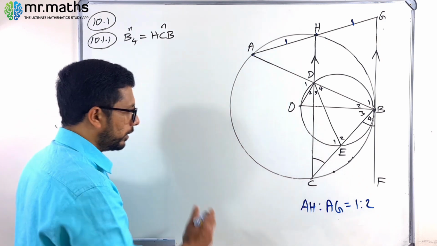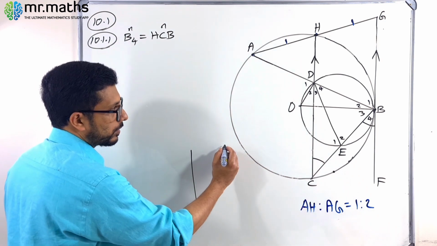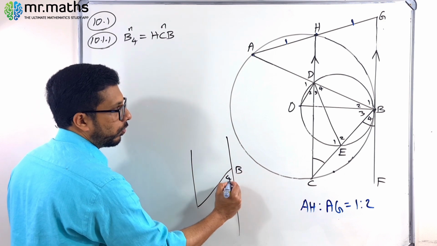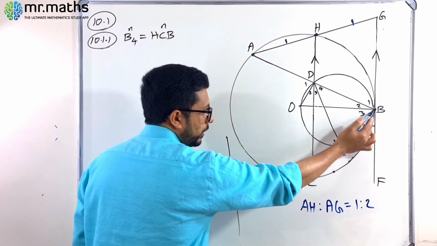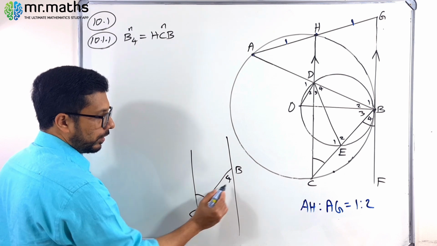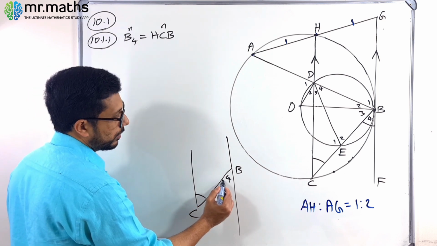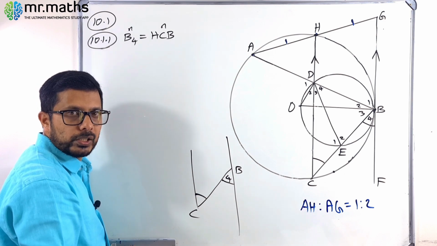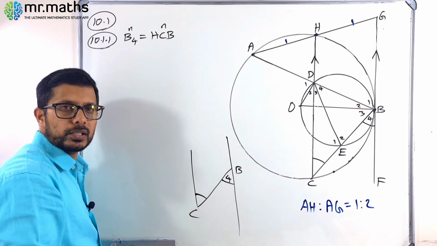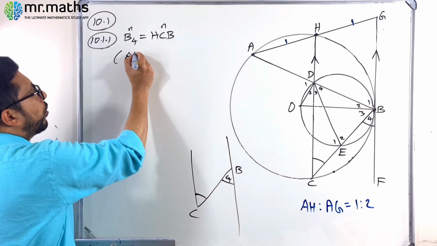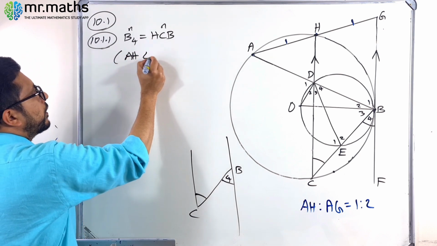There are two parallel lines like this, and this one is B4 and this is BC. So what is the relation between these two angles? Alternate angles, right? Alternate angles are equal. That is why they wrote it like this. So we have to write alternate angles.